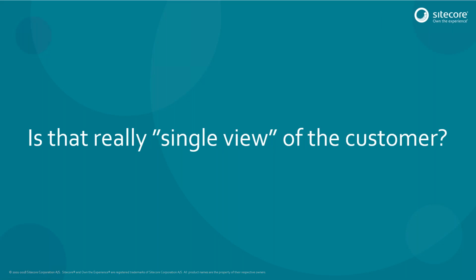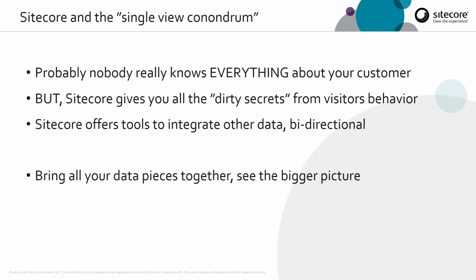It may not be the single view of the customer that you need, because you are also today relying on data from other systems like your CRM, and you don't yet have an integration with your website with the level of data that Sycor can provide, or you're using other systems than the ones we may have connectors for already. And where do you start? And even having 10 different systems will make that problem even bigger. So I guess the truth is that nobody really has or knows everything about your customer.